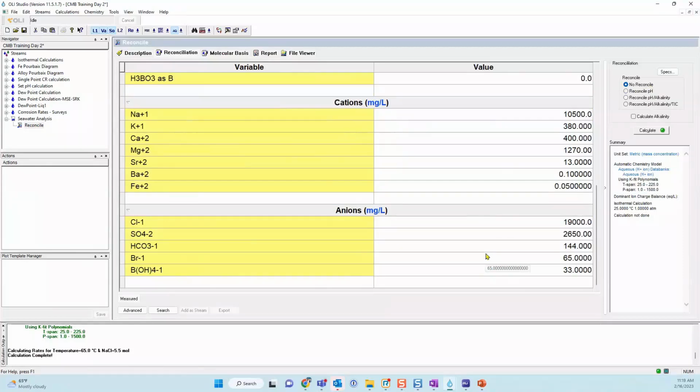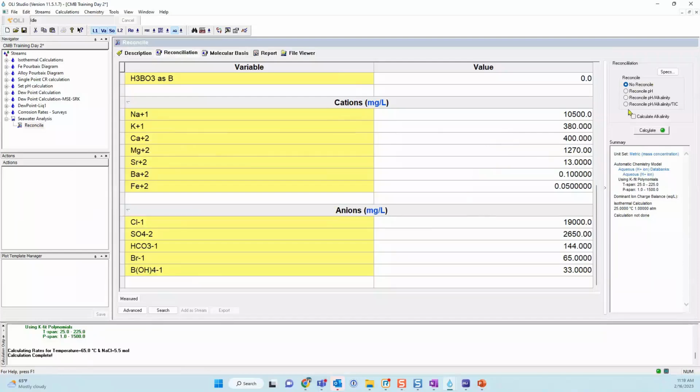Only the concentrations of cations and anions will be used to calculate the properties of the solution, and the software will calculate if there are missing anions and cations to keep this water electrically balanced, because you cannot have any positive or negative balance charge here. So this not reconcile, that's what it does. It's going to do a reconciliation and charge balance, basically.